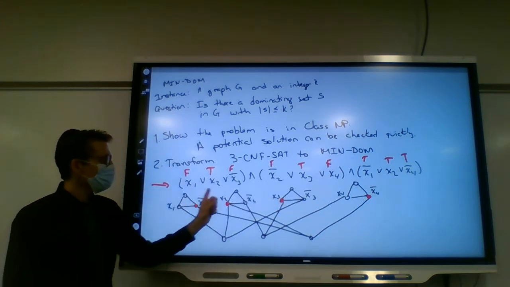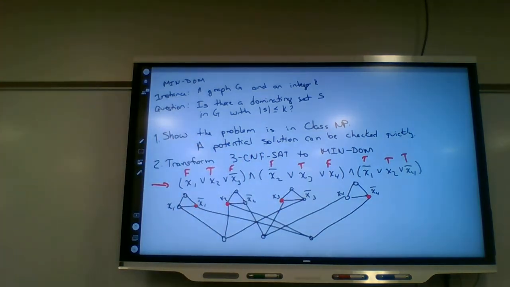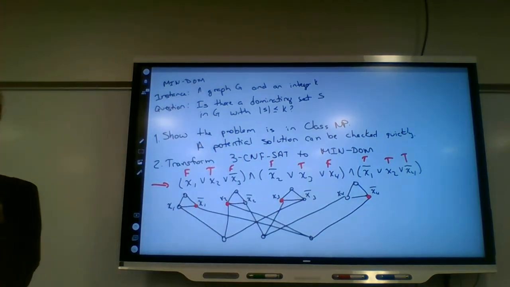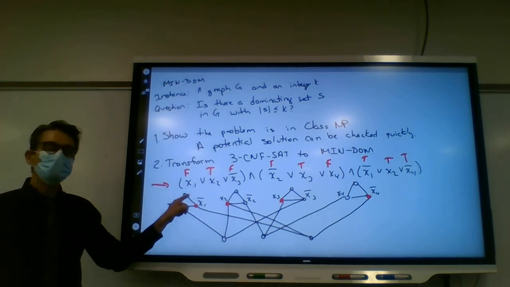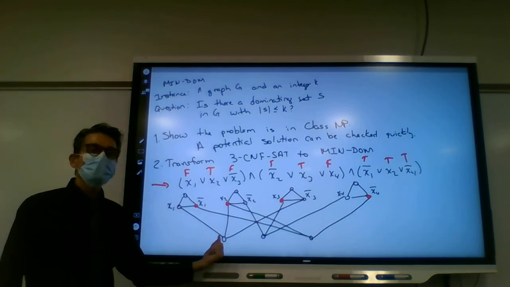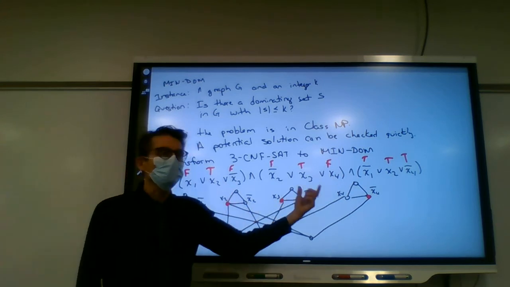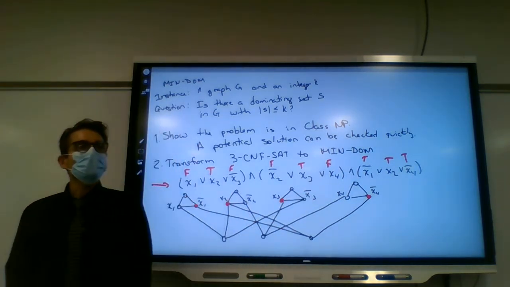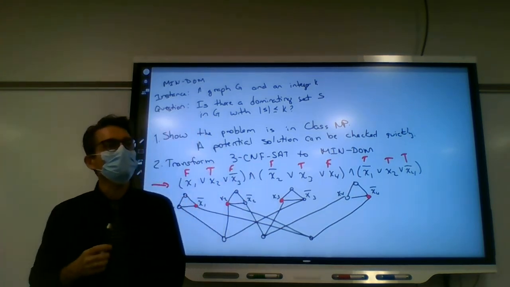So what do you do? You create a triangle for each variable. One node corresponds to that value being true. One corresponds to that value being false. The other is to force us to pick one of those. And then you connect these vertices that represent clauses to the correct pieces. All right, so what happens? Every 3CNF SAT problem can be converted into a corresponding domination problem.